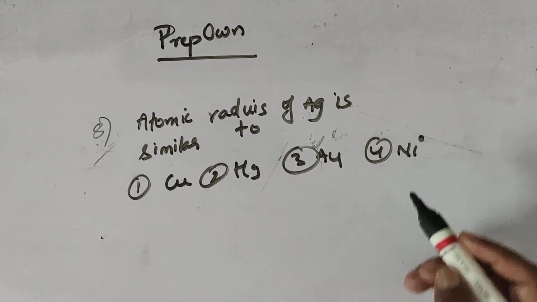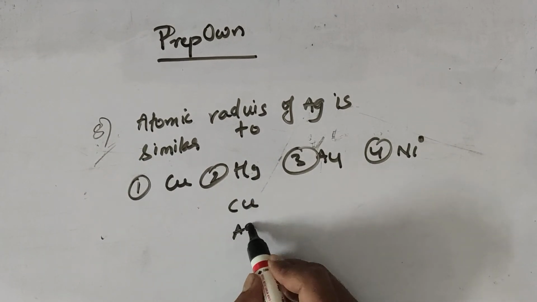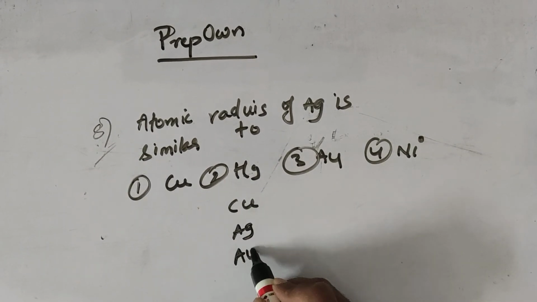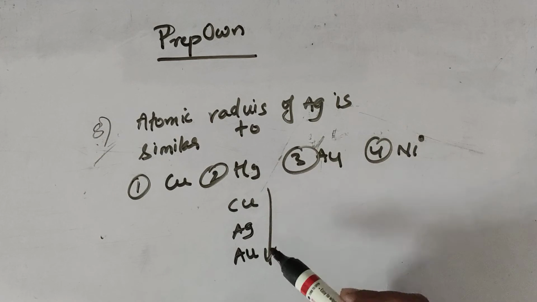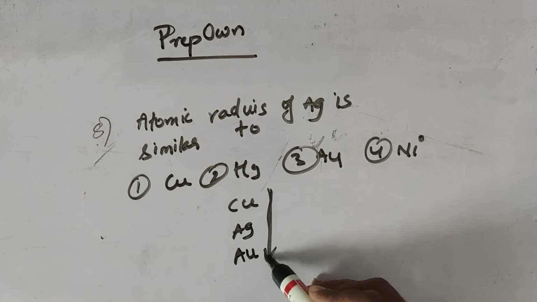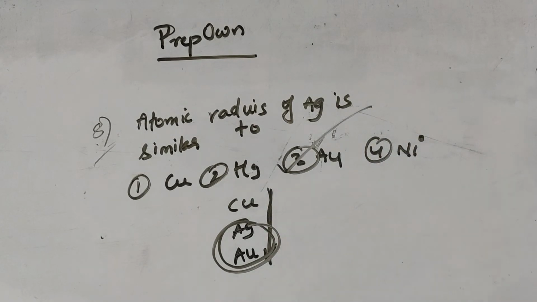This is a pretty easy question. The only fact you have to know is copper, silver, gold, all these are in the same group. As you move down the group, because of poor shielding, these two have similar size. The answer is Au.